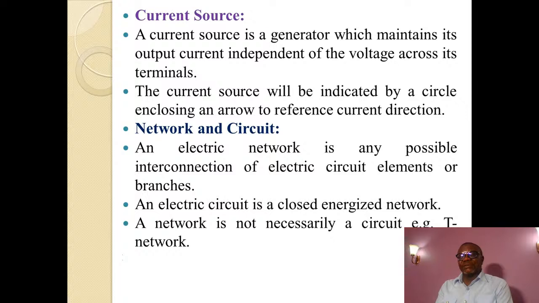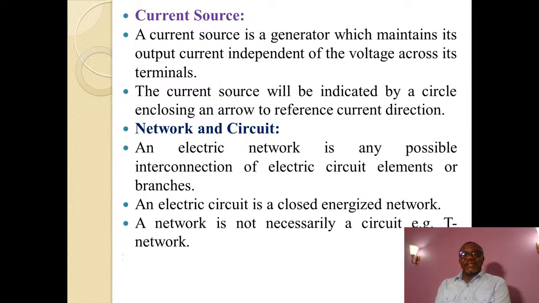So in a circuit, when you see a small circle with an arrow inside, it automatically tells you that that is a current source. And we say that a current source is a generator which maintains its output current independent of the voltage across its terminals.